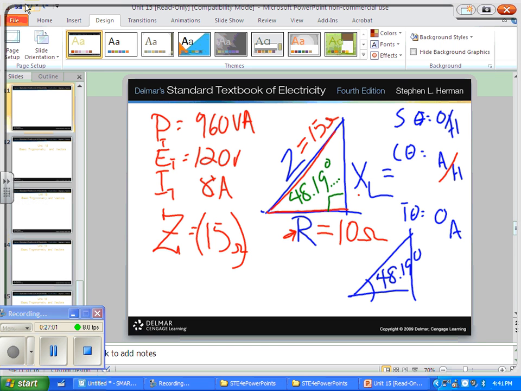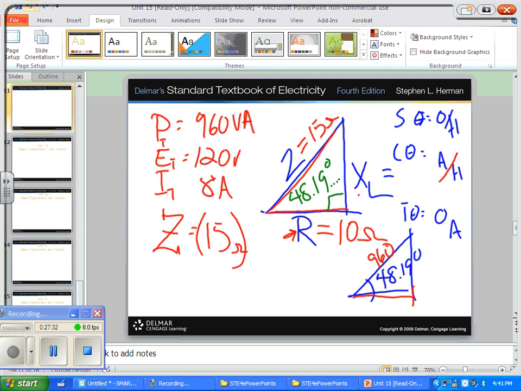Except now we have 960 as our apparent power, which goes up here where the hypotenuse is. And what's down here on the bottom? The result of the resistance is the real work that's getting done, and we call that true power. And because of that, the cosine of this angle is the power factor.